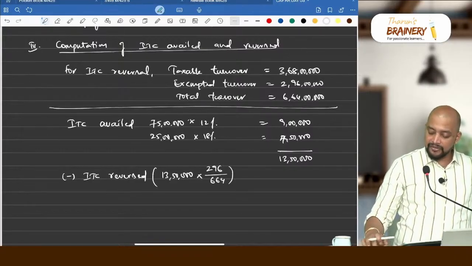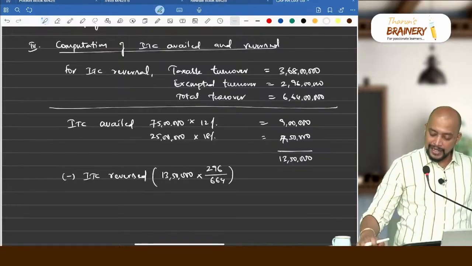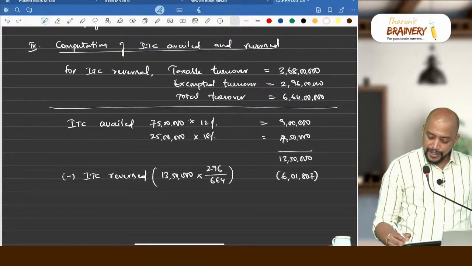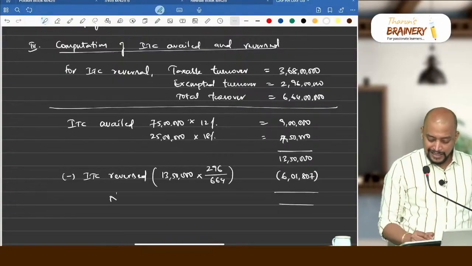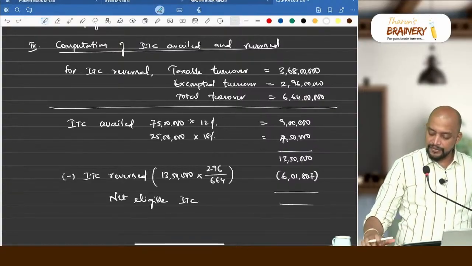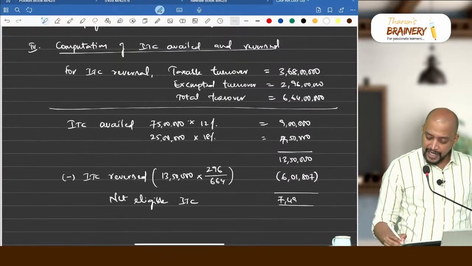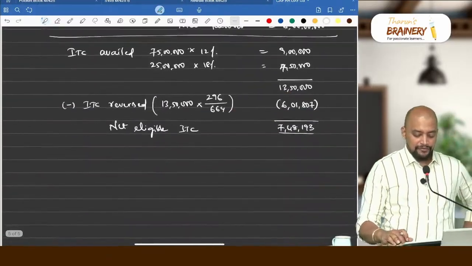So 13 lakh 50,000 into 296 by 664 will come to 6 lakh 1,807, which we need to reverse. This is called the net eligible ITC for set off, which will be 7 lakh 48,193.